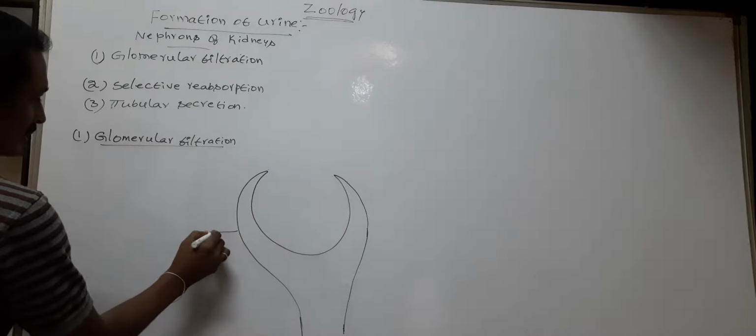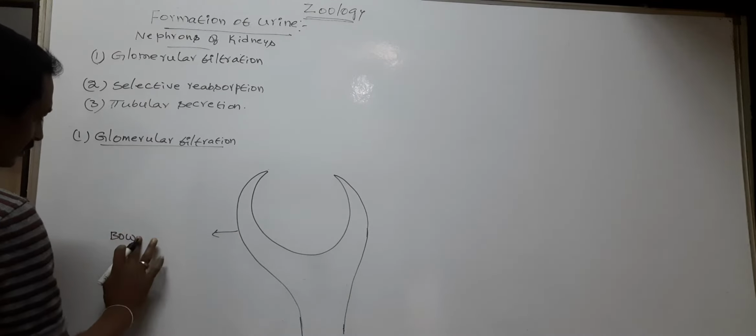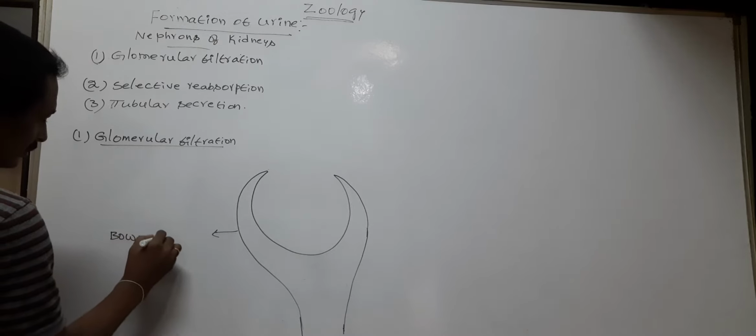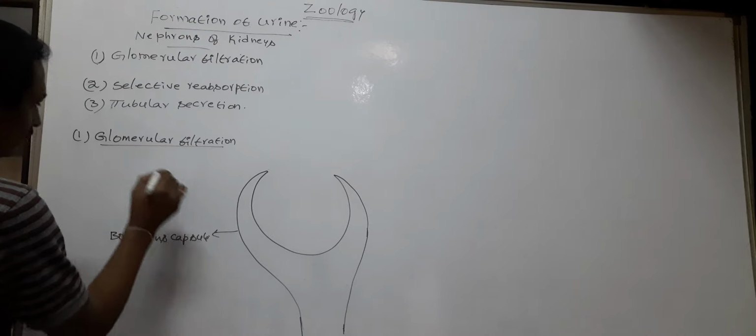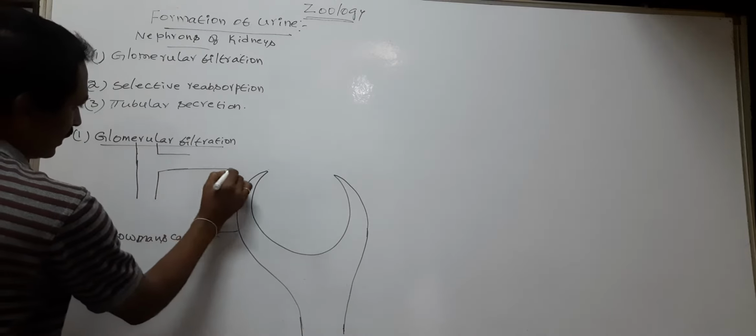So this is Bowman's capsule. This is the renal arteriole.